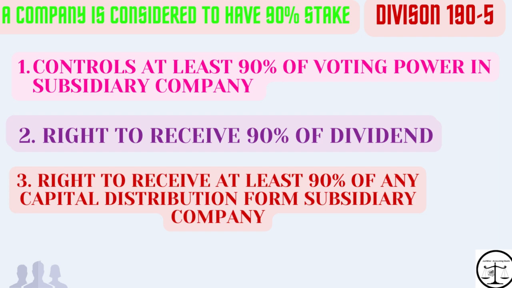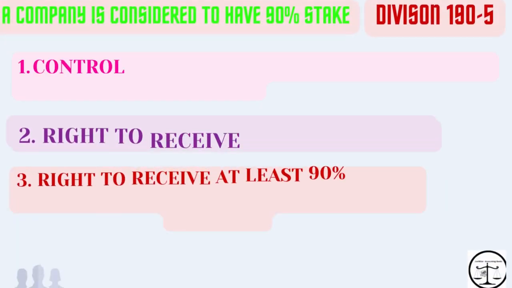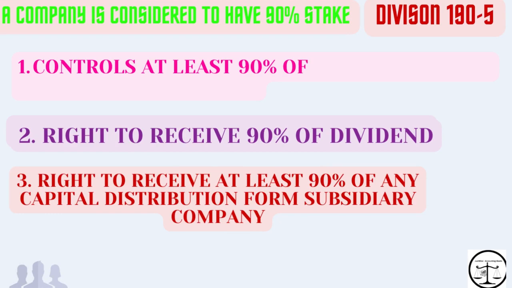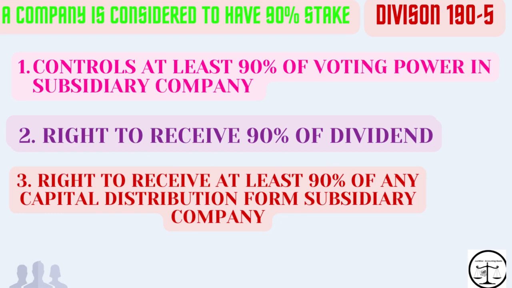1. If a holding company controls at least 90% of voting power in subsidiary company directly or indirectly. 2. If holding company has right to receive 90% of dividend, directly or indirectly, that a subsidiary company must pay to holding company. 3. If holding company has right to receive at least 90% of any capital distribution from subsidiary company, directly or indirectly.